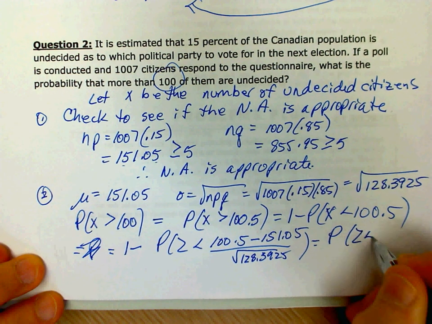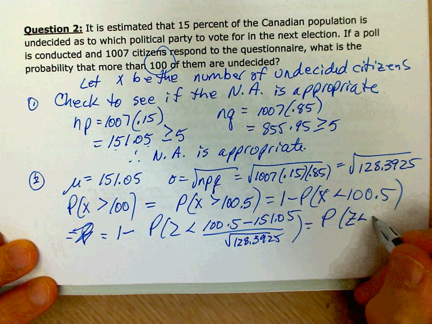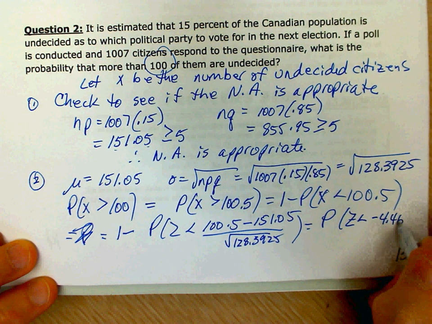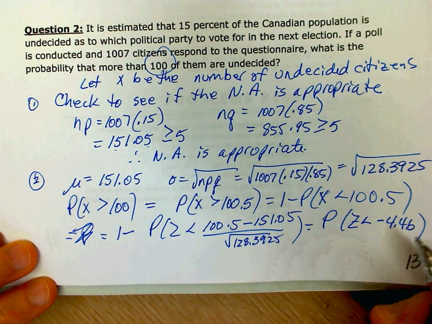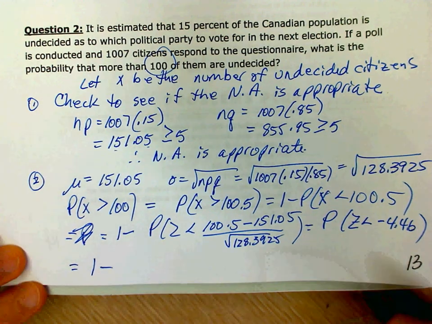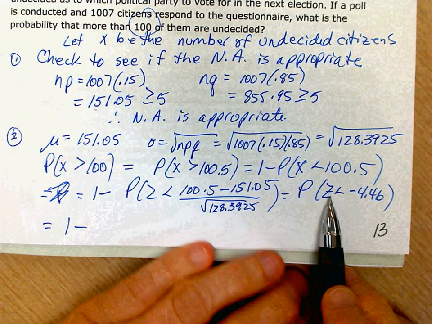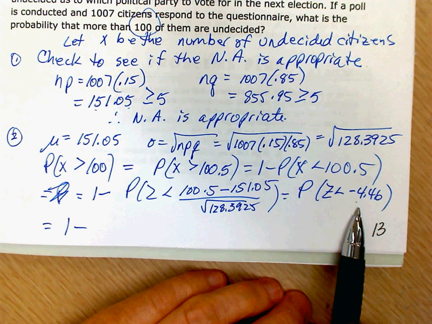So what do we do now? It's 1 minus what? What's the probability z is less than negative 4.46? You tell me. It's off the chart.